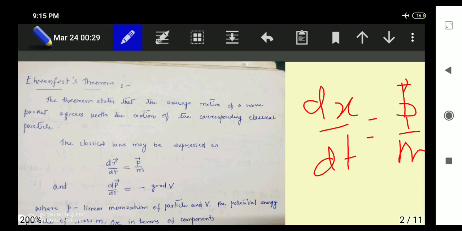Since the whole Schrodinger equation is for a non-relativistic particle, we don't talk about relativistic motion here, so I can easily write momentum as mv. So mv divided by m leaves you with velocity v, and dx/dt again gives you the velocity.